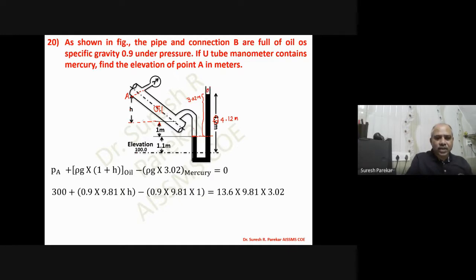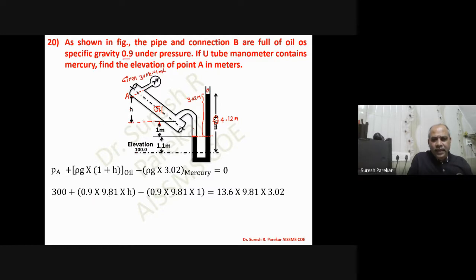Then if we substitute, PA is given here, 300 kilonewton per meter square. So we have 300 plus, and the specific gravity of oil is given as 0.9.